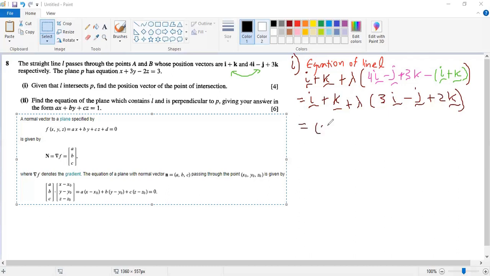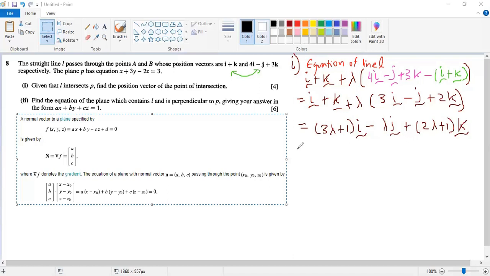This becomes 3 lambda plus 1 of the i, and then the second one is minus lambda j, and the third one is 2 lambda plus 1 k. The ijk like this is the equation of the line L.